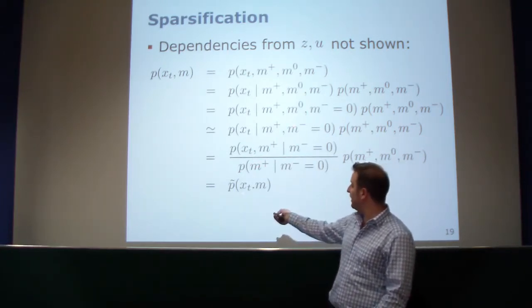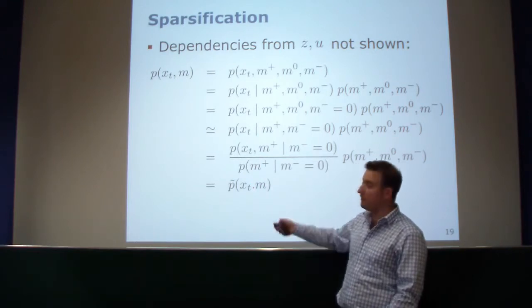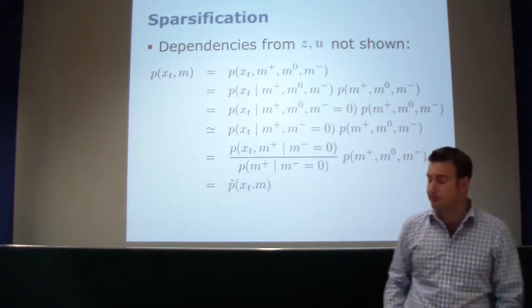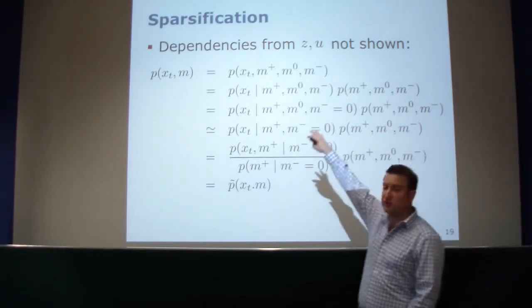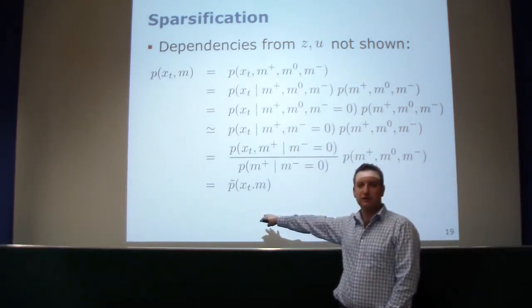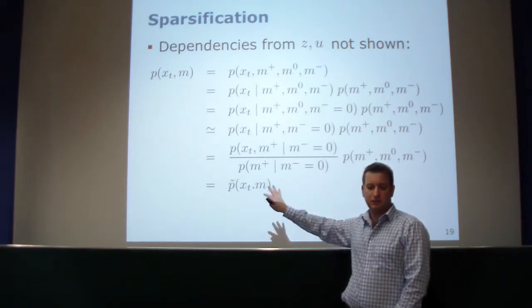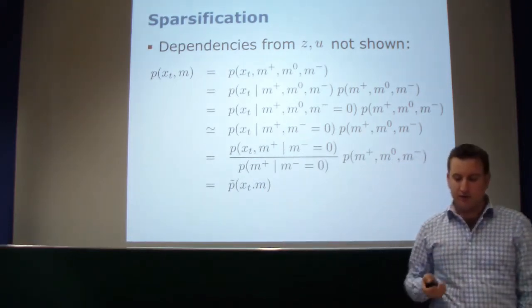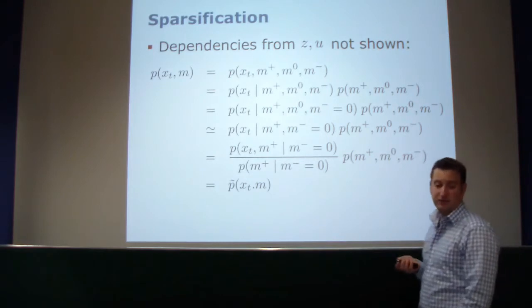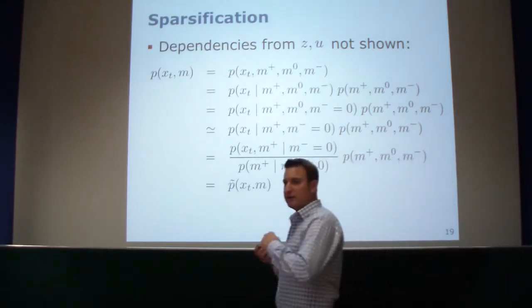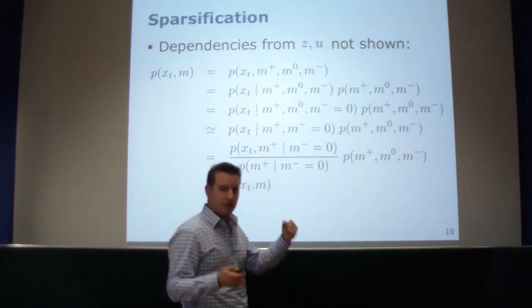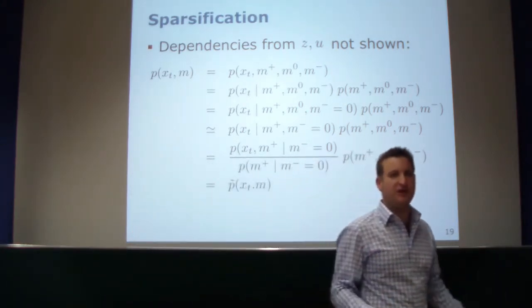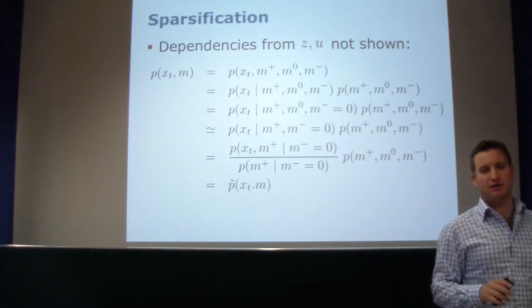And this is now my, that should be a dot, comma here. So this is my approximated probability distribution. This is what the sparsification does. Sparsification results in eliminating the direct links between xt and m0. And this is the assumption that they are conditionally independent given all other landmarks.